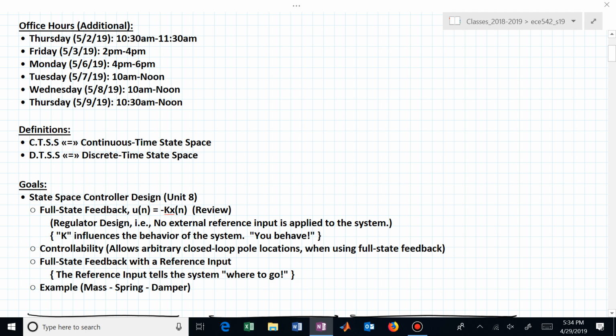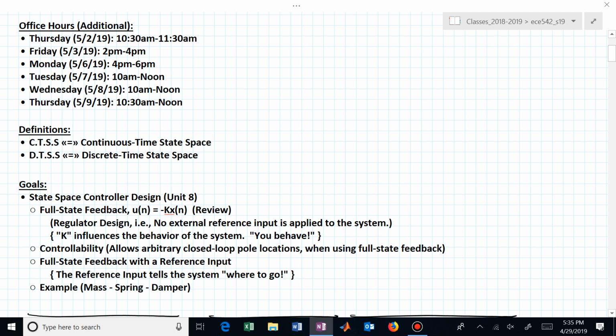We may want the system to do more than just behave. We may want to tell the system where to go. And telling it how to behave arbitrarily requires that system being controllable. We'll talk about controllability, and that allows us then to locate our closed loop poles by that full state feedback gain matrix anywhere we want in the Z-plane.